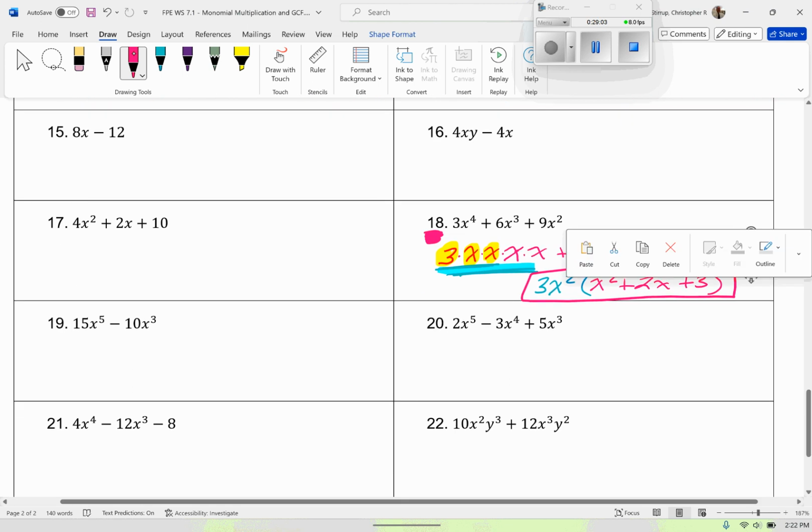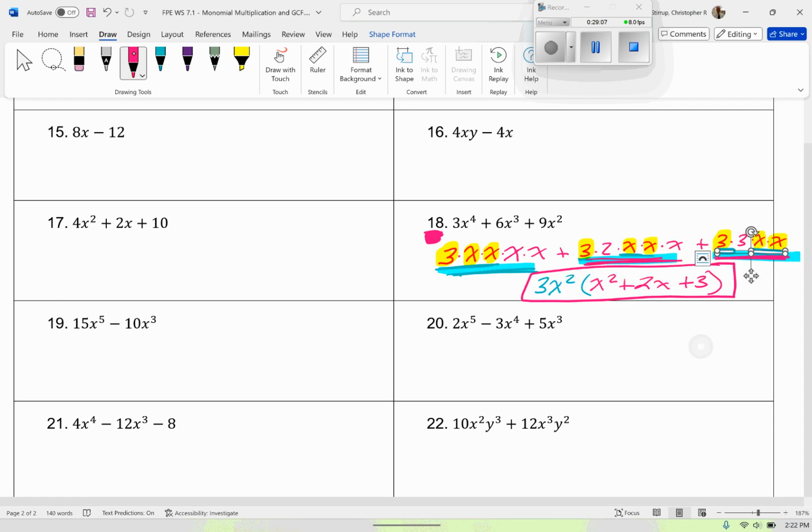All right. I think I want to try number 22 as the last one. Can we do it nice and slow? All right. What times what gives me 10? 5 times 2. X squared is what written out? X times x.